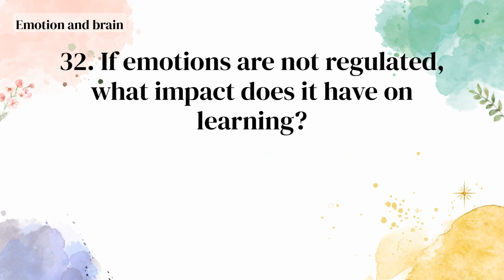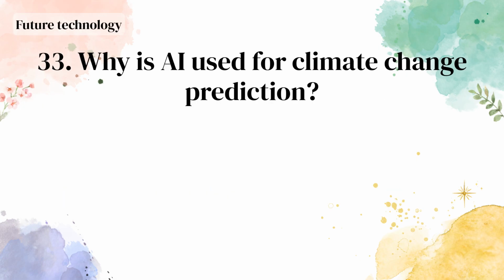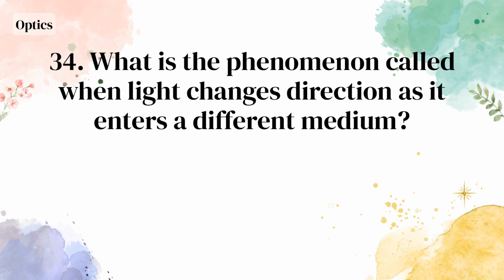If emotions are not regulated, what impact does it have on learning? Decreased concentration. Why is AI used for climate change prediction? To analyze complex patterns. What is the phenomenon called when light changes direction as it enters a different medium?